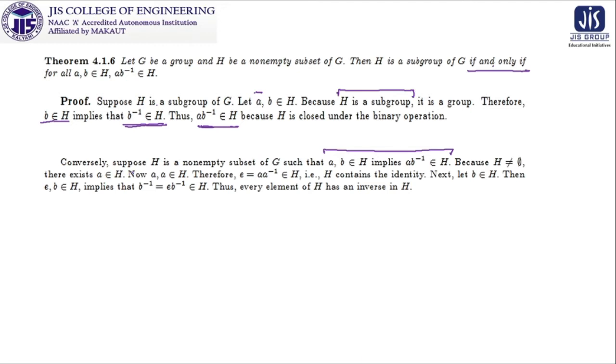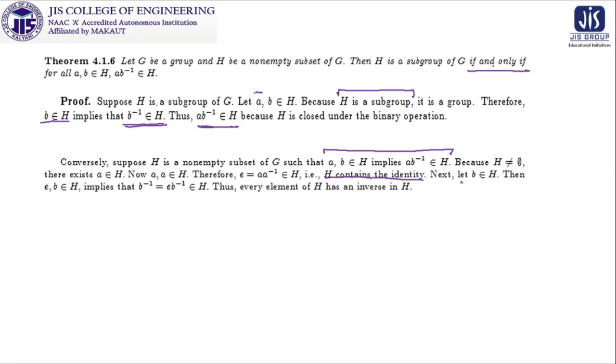So please try to understand what my target is. My target is to prove that it is a subgroup, that means it is a group, and gradually we are going to prove all the properties which are important for being a group. We have already proved that e equals a composition a inverse is in H. That is, H contains the identity.